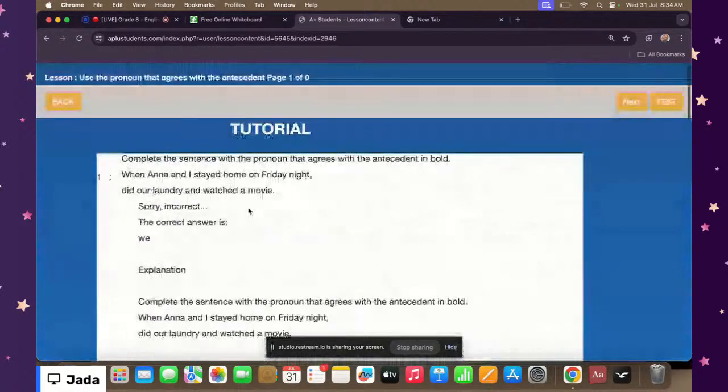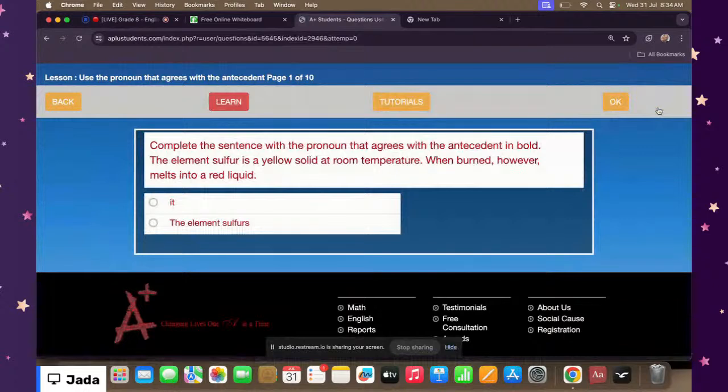All right, let's move on to our test and answer the questions. Complete the sentence with the pronoun that agrees with the antecedent in bold. It needs to agree. The element sulfur is a yellow solid at room temperature. When burned, however, it melts into a red liquid.